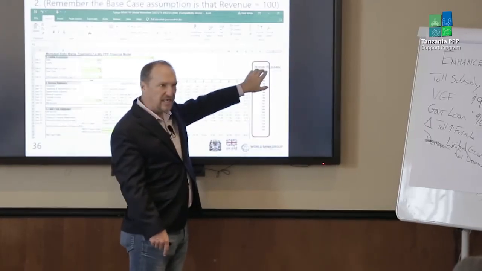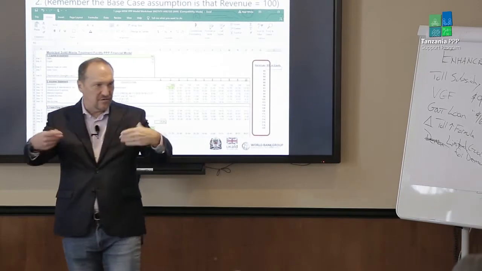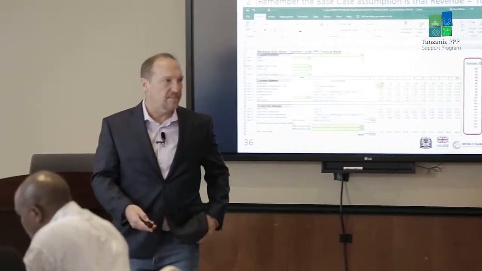You probably know the shortcut to doing this. You just type in 80 and 82, you drag it down, and it will automatically fill out the rest. So we are telling our data table this is the range that we want you to compute IRRs for. That revenue will range from 80 to 120.